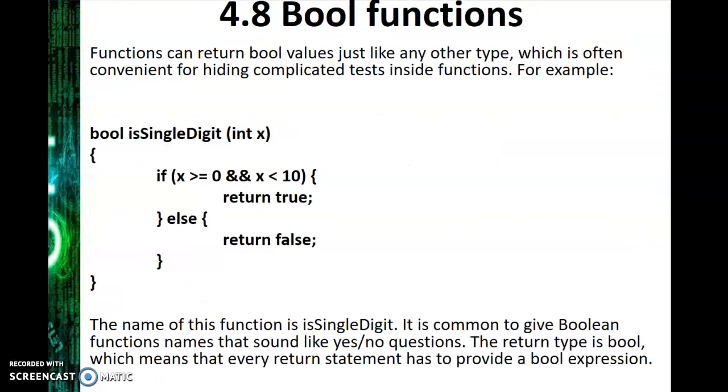So let's take a look at this over here, the next slide. Functions can return Boolean variables or values. Notice we have bool. That means that's what's being returned to the main program. We're coming in with this parameter, int x. If x is greater than or equal to 0 and x is less than 10, return true. So true will be returned.